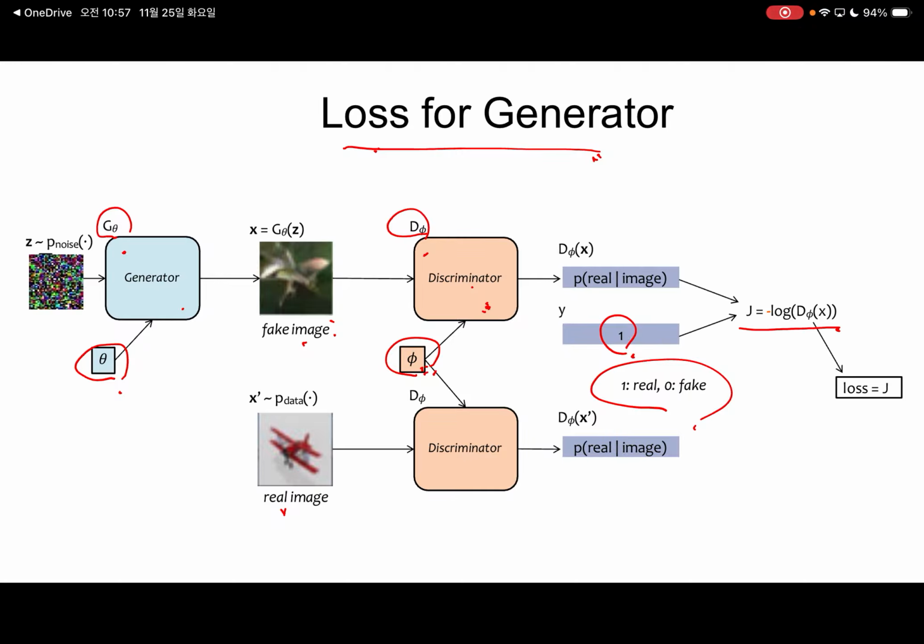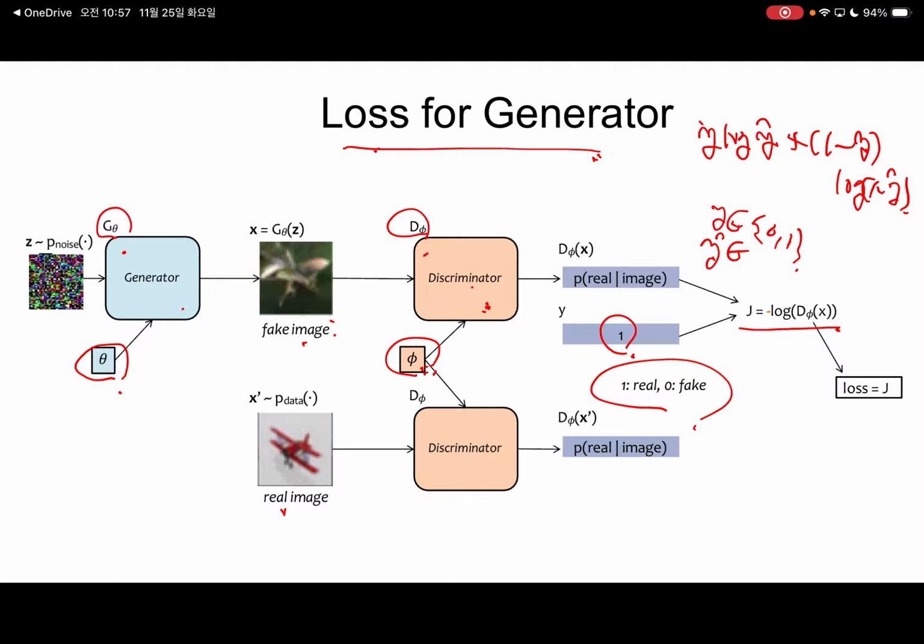This is from binary cross entropy: minus 1 divided by n, times y log y hat. Y means the ground truth, and y hat is the estimated one.